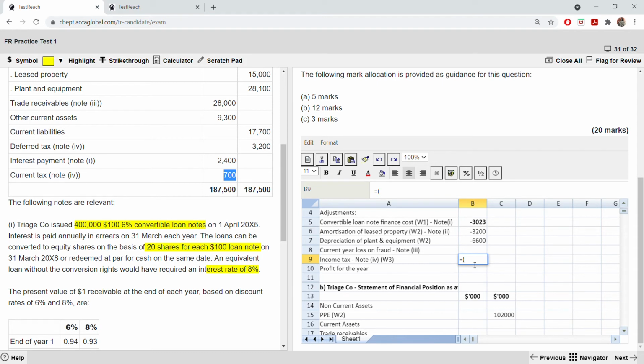So it is 2700 plus 700 minus 800, 2600. It will be a minus figure, so just put a minus outside the bracket.